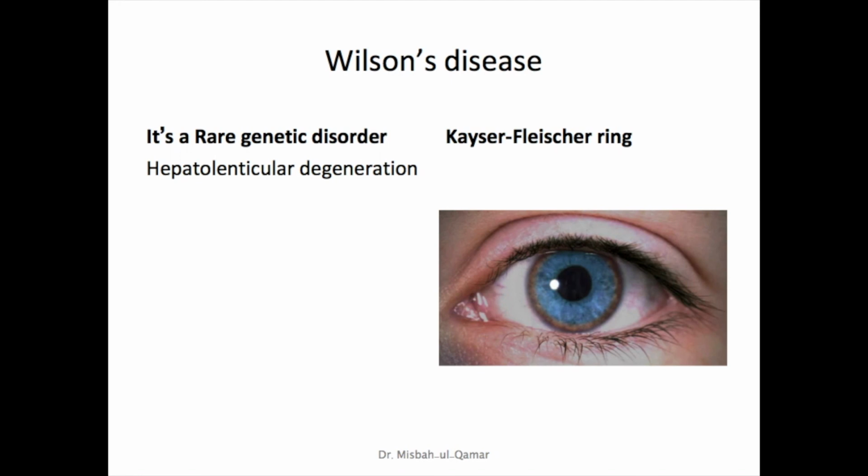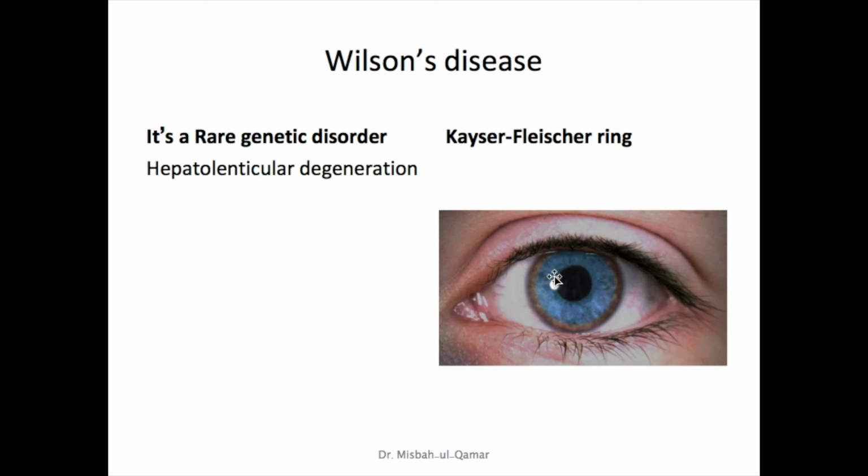Here you may find Wilson's disease interesting, in which there is hepatolenticular degeneration. You see, it's a rare genetic disorder in which the excess copper is stored in various body tissues, but particularly the liver, brain, and the corneas of eyes.